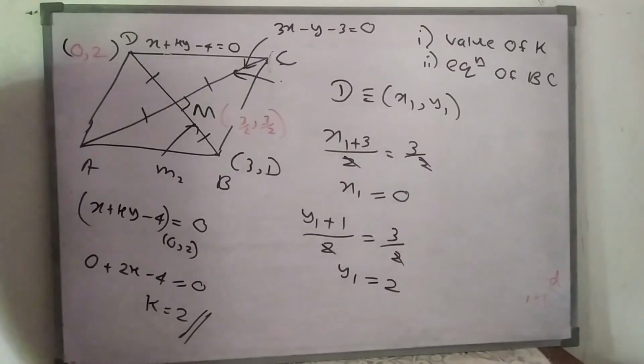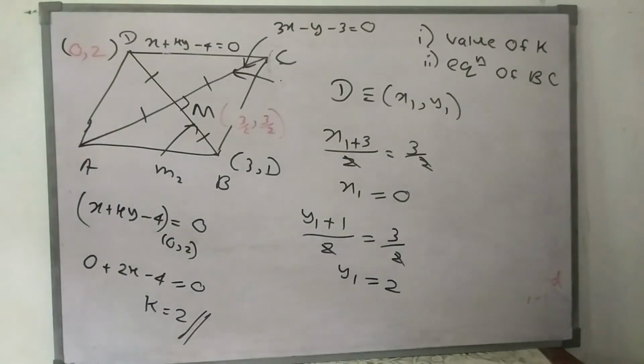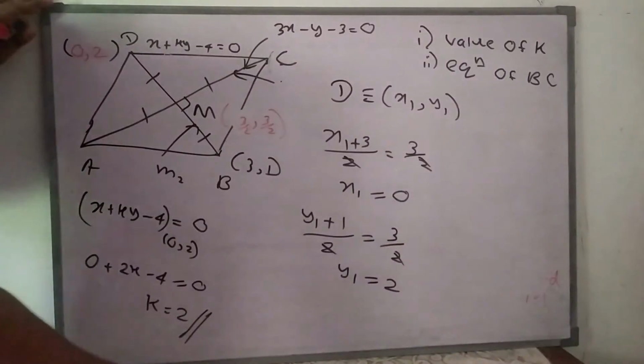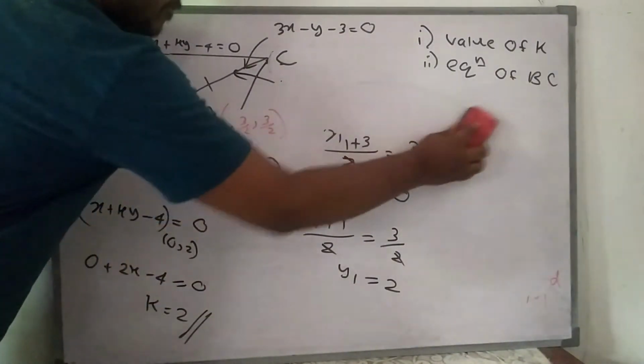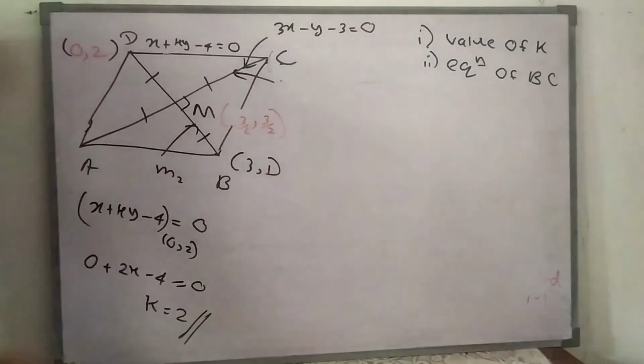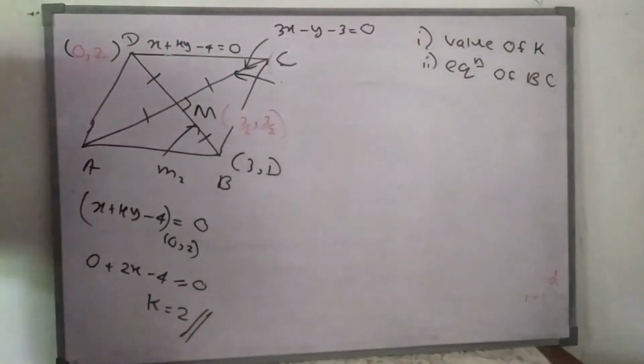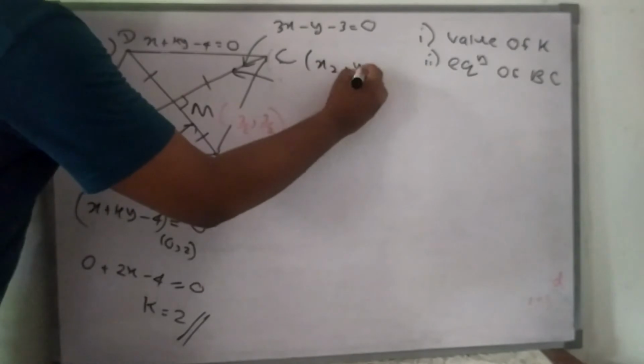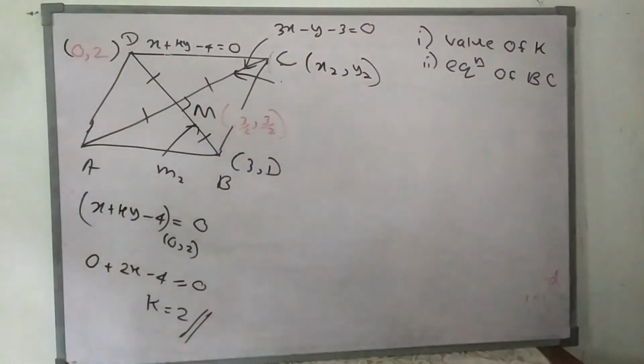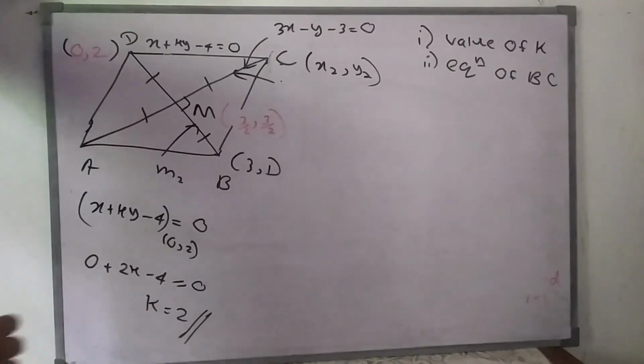Then after, we just need to find the equation of BC, right? How to find BC? I'm going to find C coordinate, right? I assume it's x2, y2.